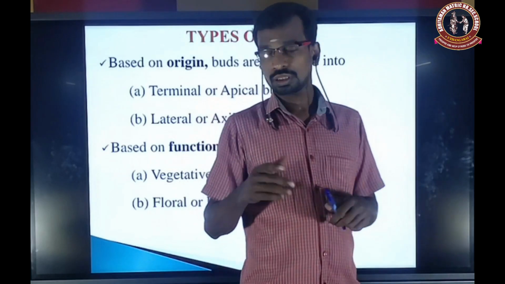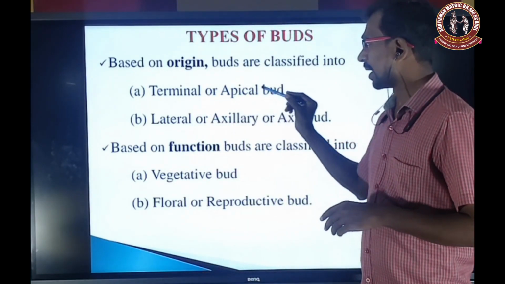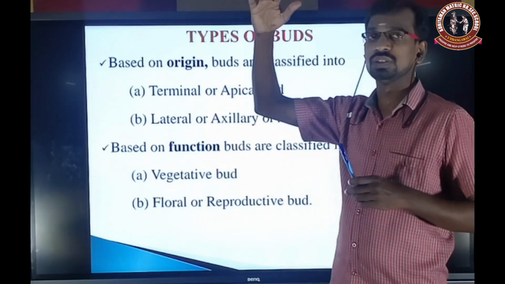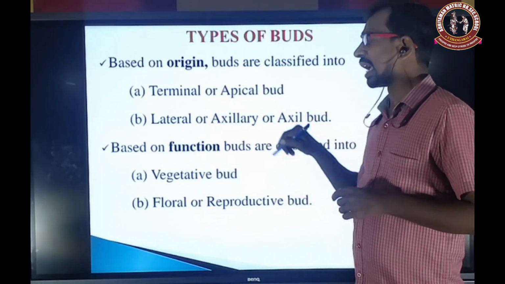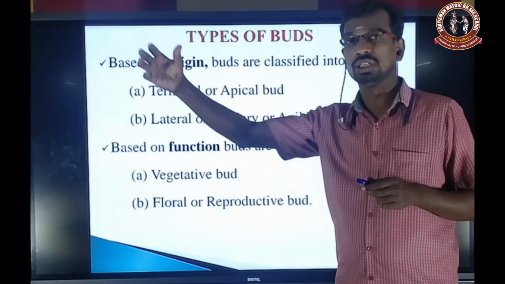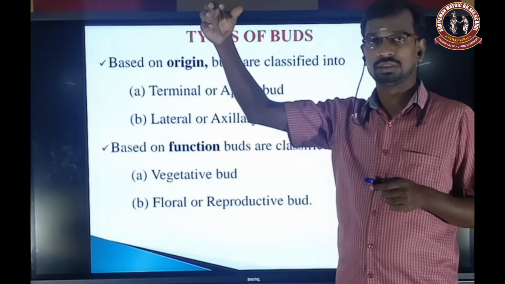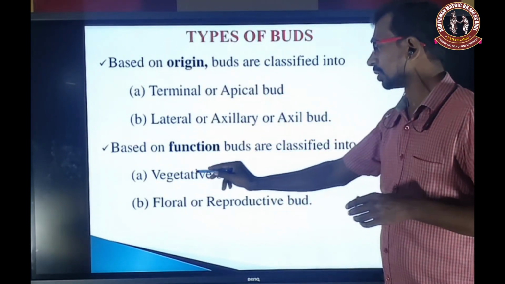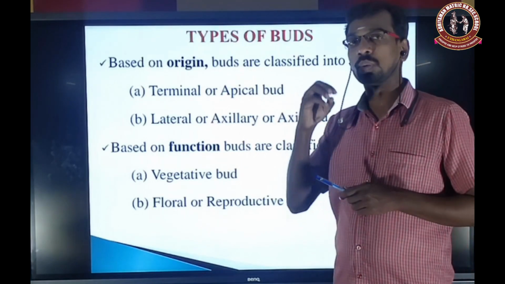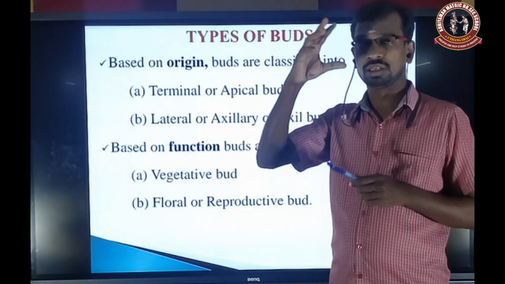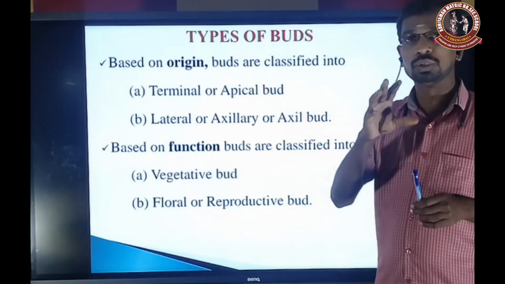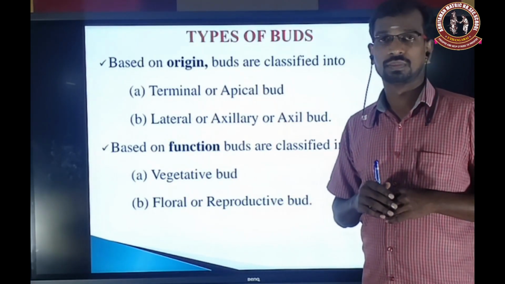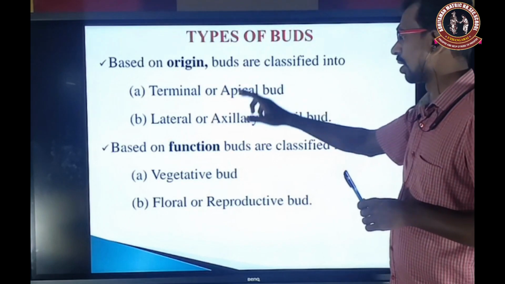When the terminal bud is formed, there is no further growth; the growth is arrested. A lateral bud gives rise to new branches. Vegetative buds only produce leaves and stems or branches, but a floral or reproductive bud produces a flower.